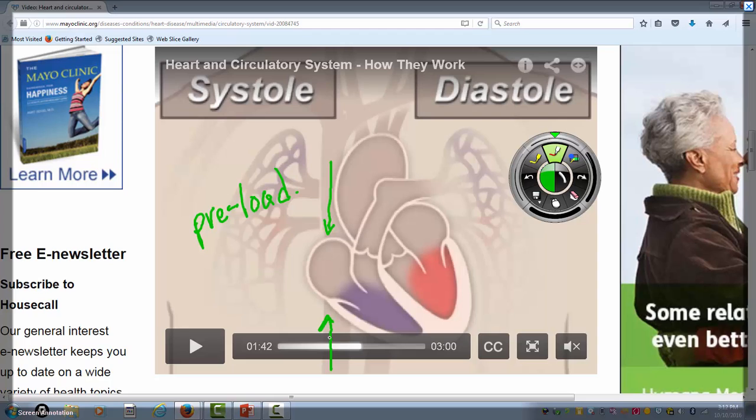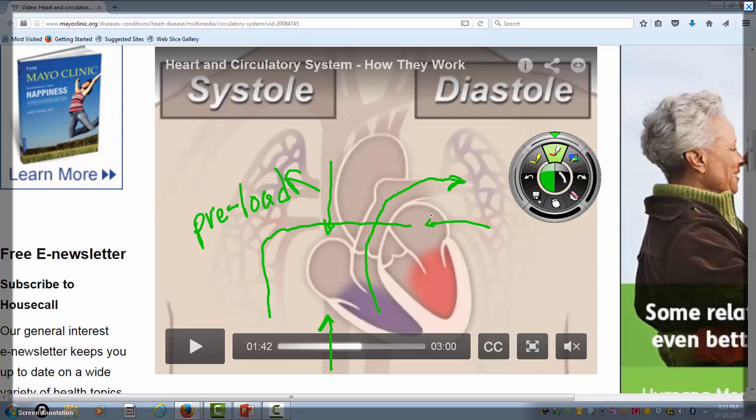So when the right heart sends that deoxygenated blood to get oxygen and remove carbon dioxide, all of that blood from the lungs will return to the left side through the pulmonary veins into the left atria.